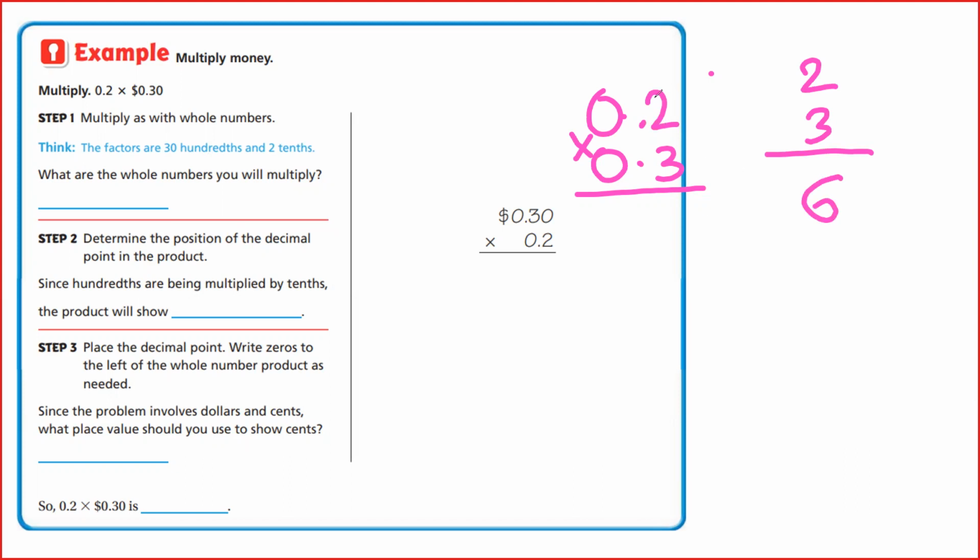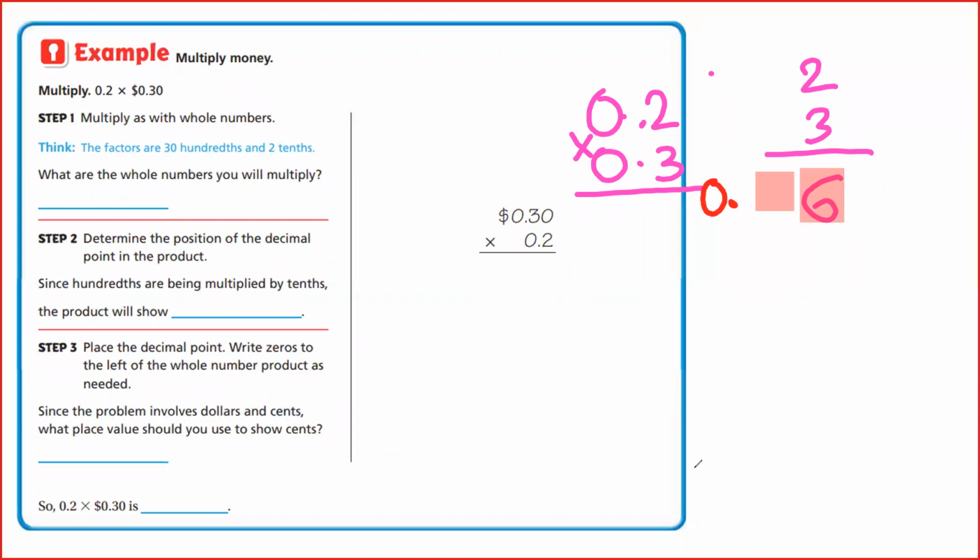How many digits here after the decimal point? 1. And here? 1. So you have how many? After how many digits do you have to put the decimal point? After 2, because 1 plus 1 is 2. So 1, 2, then you put the decimal point.